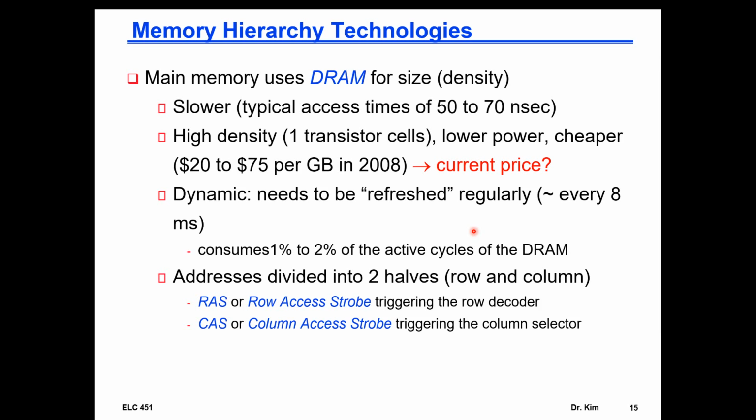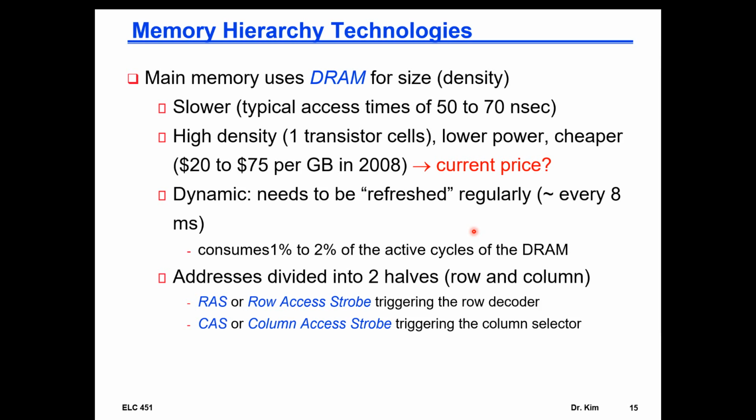So DRAM uses the charge on a capacitor to store a bit, and because of that, the charge in the capacitor leaks out, so it needs to be refreshed. Otherwise, even with power applied, you can lose what you have stored in the DRAM if you don't refresh the charge. So how do you refresh it?